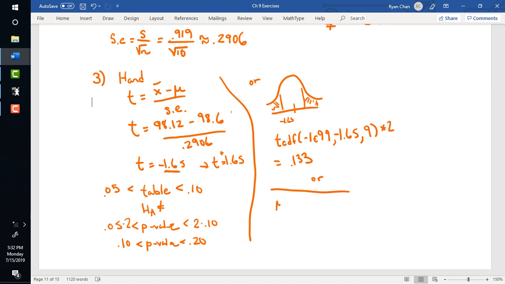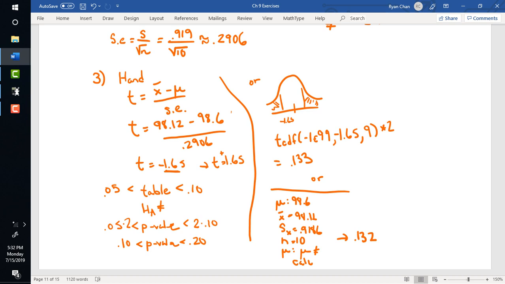So you'll say mu is 98.6, x bar is 98.12, sx is 0.9186, n is equal to 10, and then you say that you're choosing mu is not equal to, and you hit calculate, and then you get 0.132, okay?